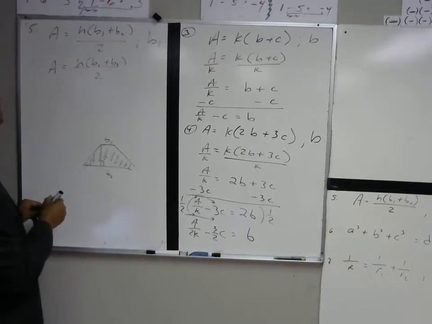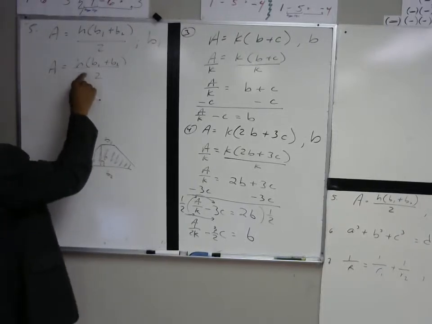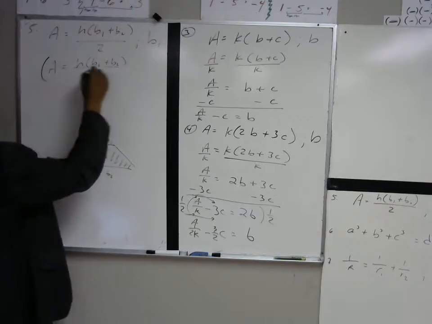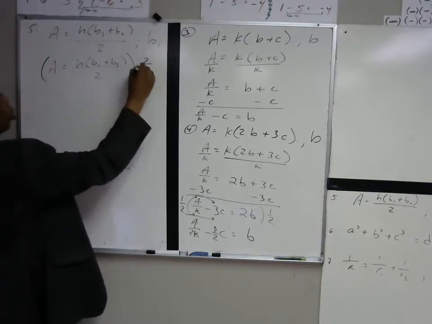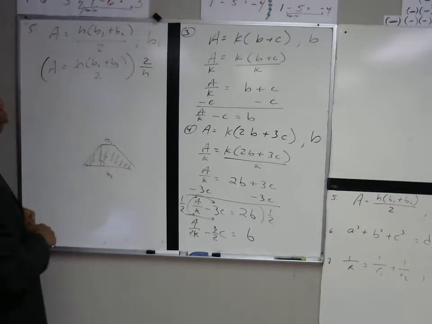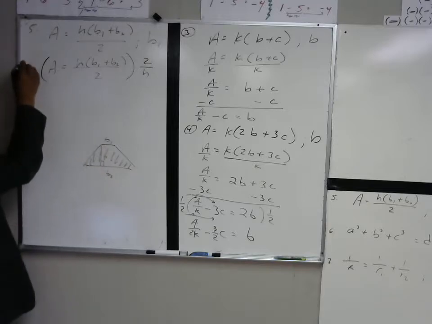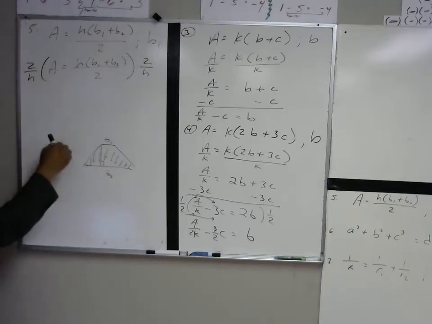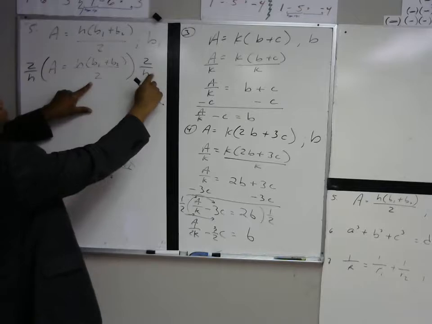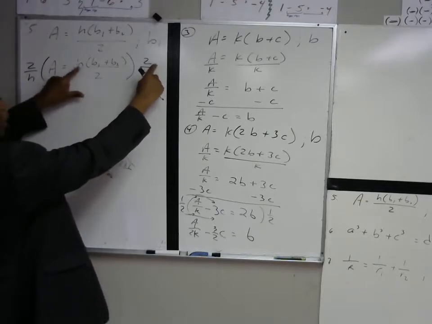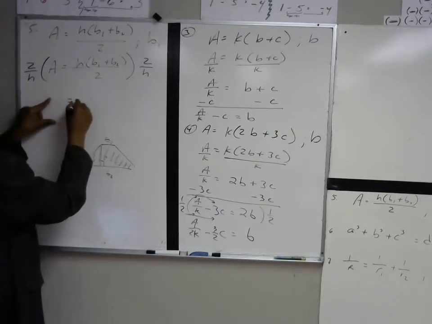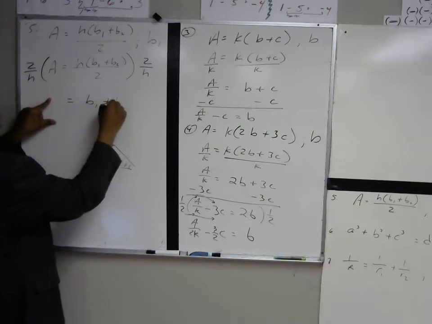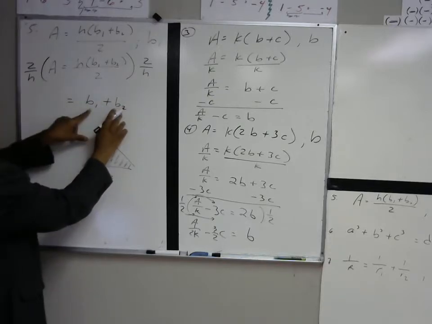I will use reciprocals. So the reciprocal of H over 2 will be 2 over H. Let's put 2 over H here. So the reciprocal 2 over H and H over 2, they cancel, leaving behind the B1 plus the B2.